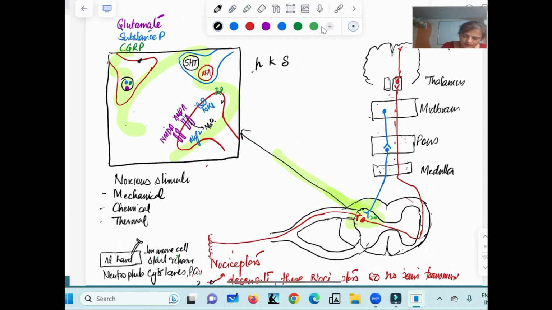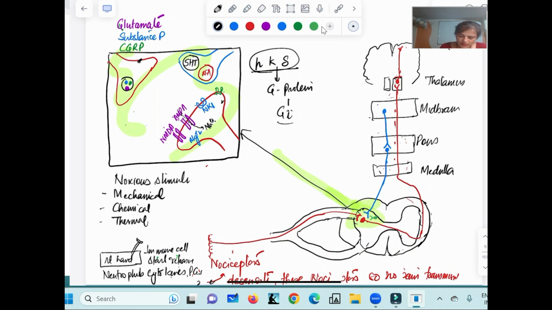They are present pre-synaptically, post-synaptically, everywhere. जो मैंने अभी बताया, primary afferent neuron, dorsal horn of the spinal cord, then supraspinal region which are implicated in the pain transmission, everywhere they are there. ठीक है. Now what kind of receptor are they? They are G protein coupled receptors. And what is their nature? G inhibitory.